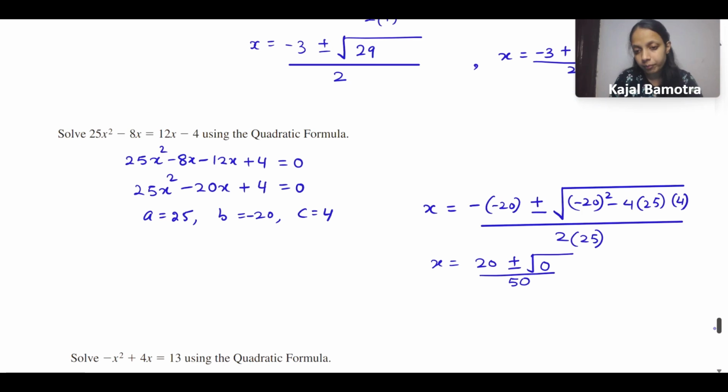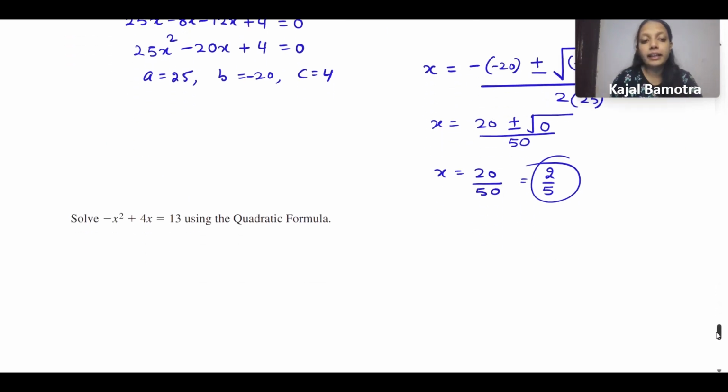I'm getting x equals 20 over 50, or you can say 2 over 5 is the answer. Then, a quadratic function has two answers, and here we are getting a single answer. It means this answer is repeated. You are getting 2 by 5, 2 by 5, 2 times.